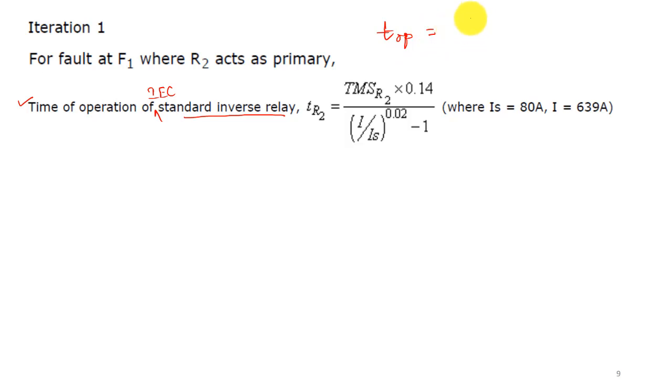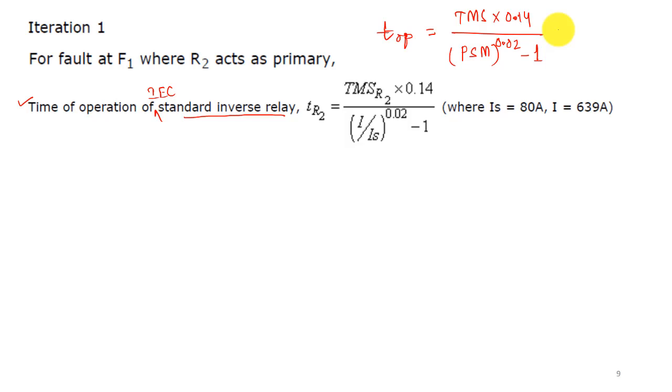Already we have seen this. IEC standard inverse relay is TMS into 0.14 divided by PSM to the power 0.02 minus 1. So PSM is nothing but your fault current divided by the plug setting pickup current.